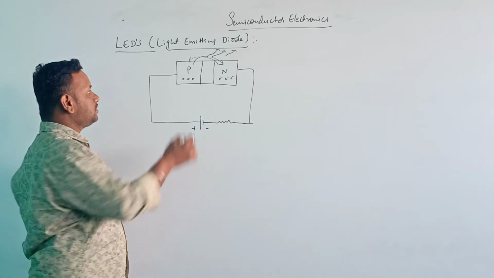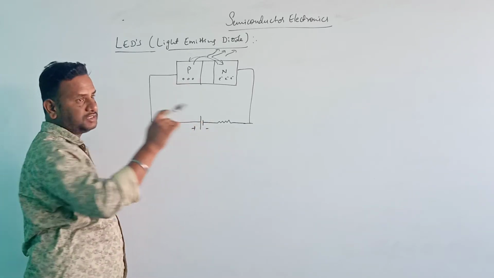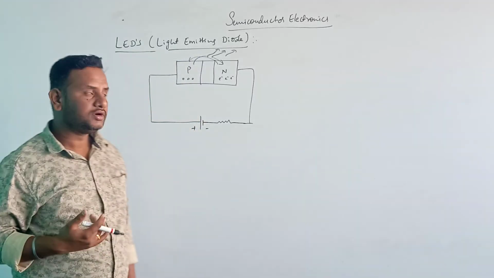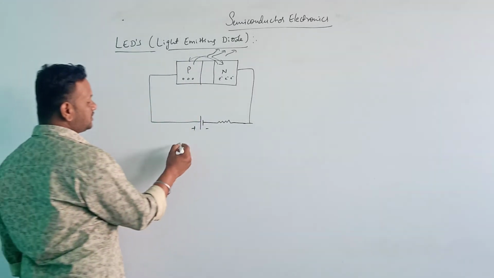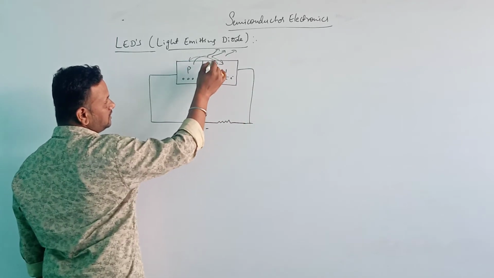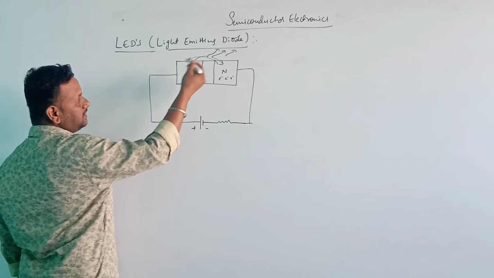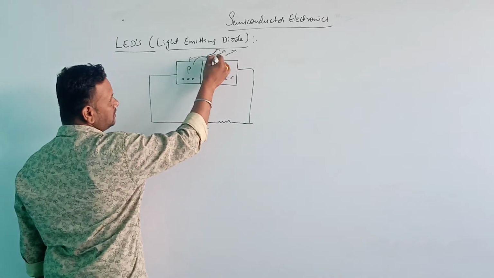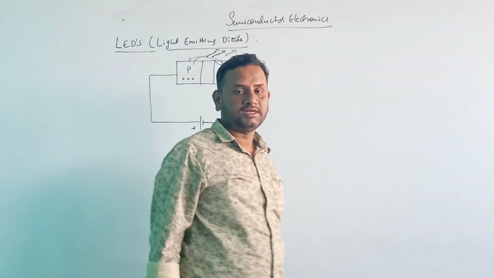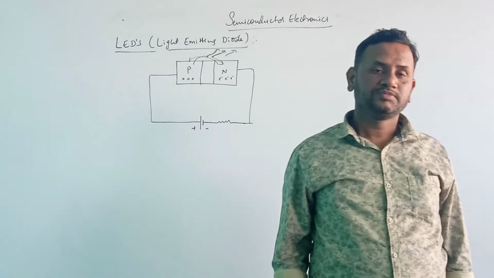Because of this there is an increase in the forward current, and because of the increase in the forward current, the intensity of the light increases and hence it emits light, spontaneously.